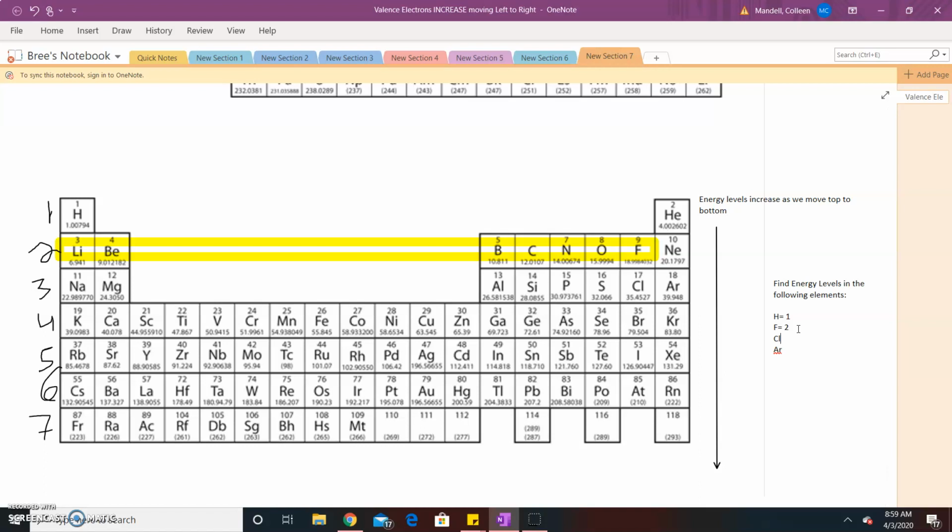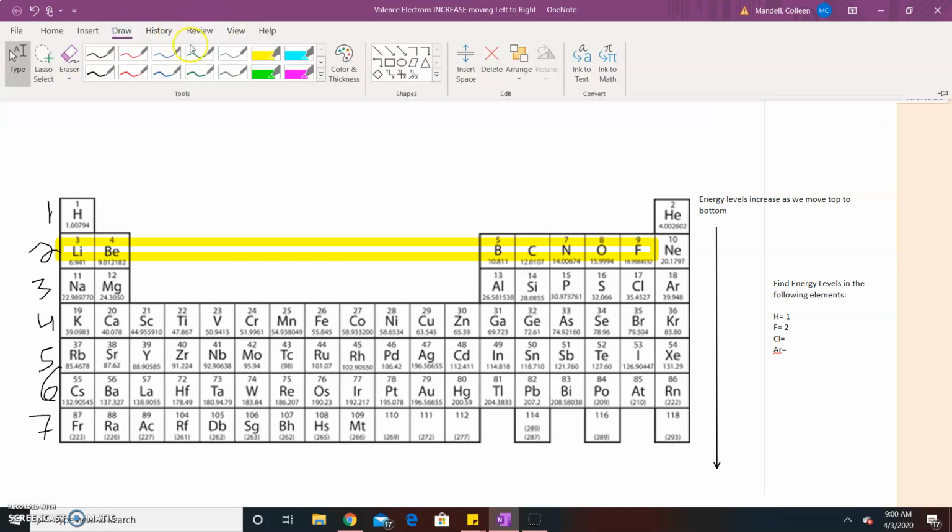Next we've got chlorine and argon. Those are actually right next to each other, so we can figure them both out at the same time. If we follow over to figure out what row they're in, just look at our labels. It's in period number 3, row number 3.